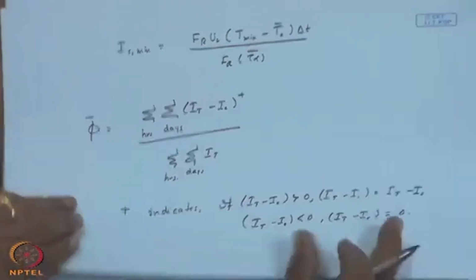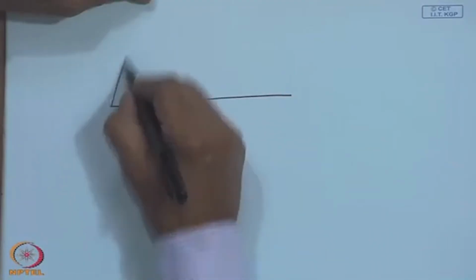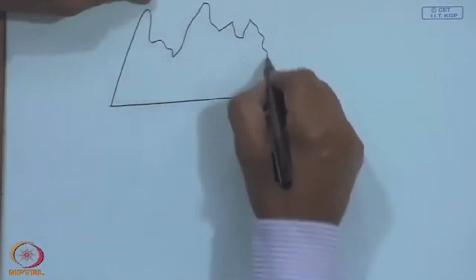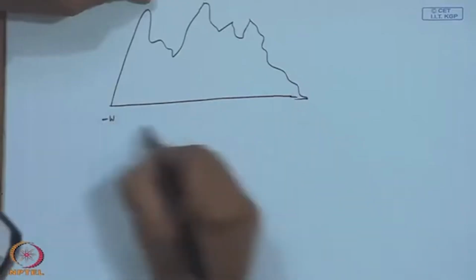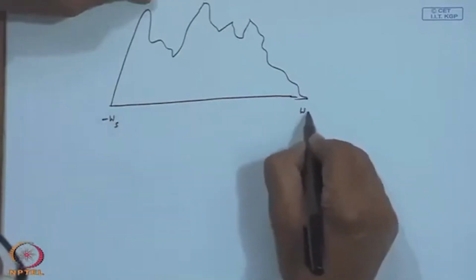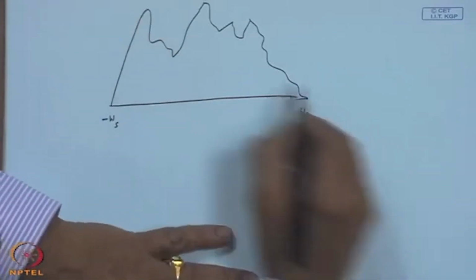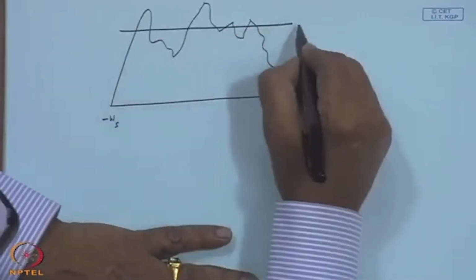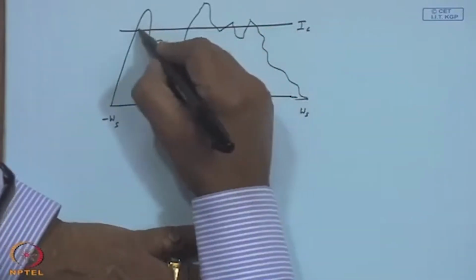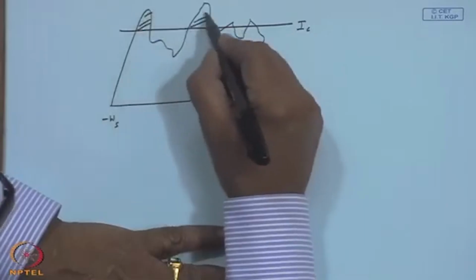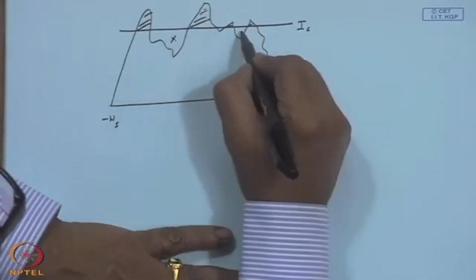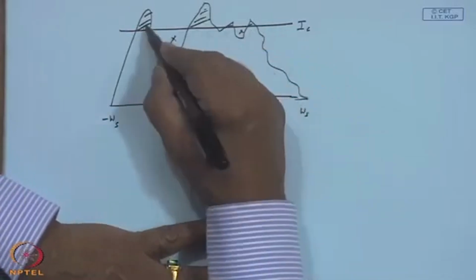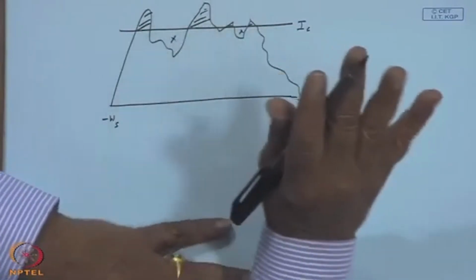Again with reference to the figure, imagine a wavy cloudy day where the solar radiation may be increasing or decreasing. If this is my I c, here is a contribution, here is a contribution, here is a small contribution here. This is negative, so it will not subtract from these positive things, it is treated as 0.